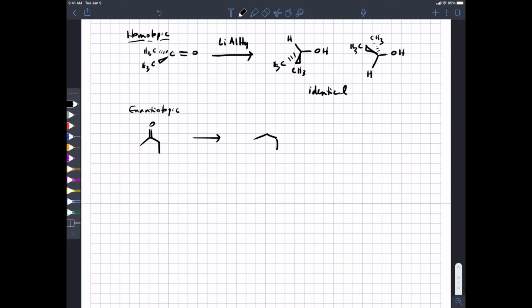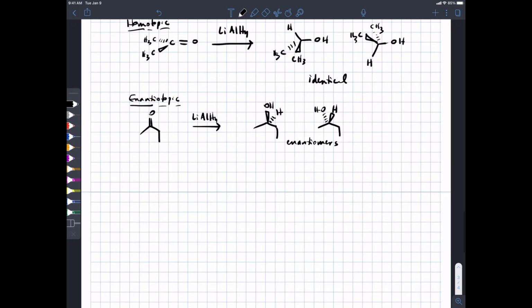We're going to get this stereoisomer and this stereoisomer, and we have to get them in a 50-50 ratio unless we're using a chiral reagent. So a molecule with enantiotopic faces will, if you deliver a reagent from one face versus the other, give you different enantiomers.